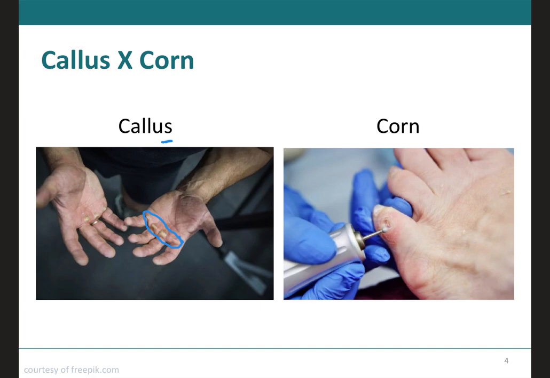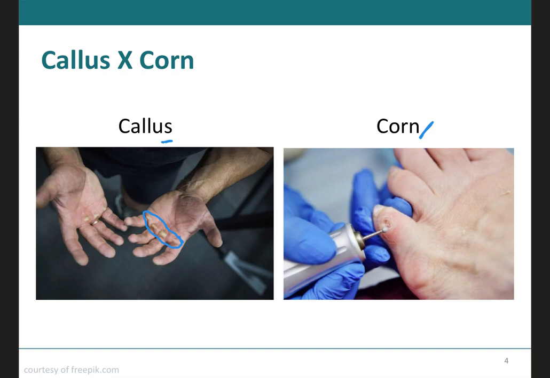In addition to calluses, the skin over bony prominences, which are structures that stick out a little bit and are made by bones, will develop a cone-shaped structure that's called a corn.